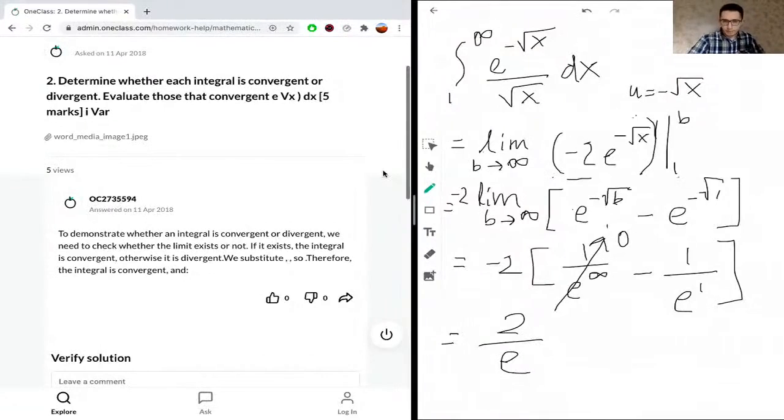Because after evaluating this integral we got a constant value, 2 over e, where e is about 2.7 with more digits after that, our integral is convergent.